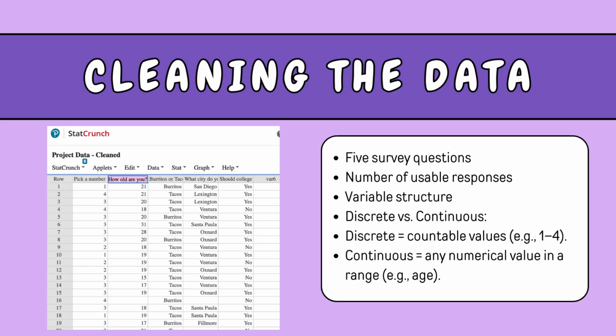If they put 5, this would also be something that I would not be able to use, and it would just be missing data. So I made sure that all of the entries were proper and accurate, because at the end of the day, you have to have accurate data for accurate analysis.